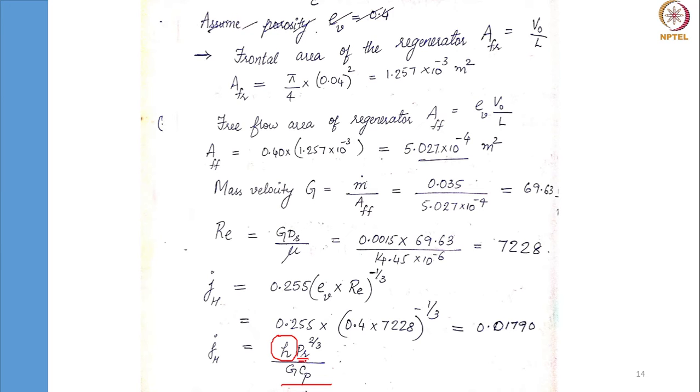The Prandtl number is given in the question. Cp is known to us. G also we have calculated. J we have calculated now. So can you find out the heat transfer coefficient now?